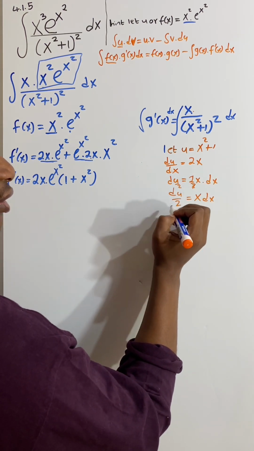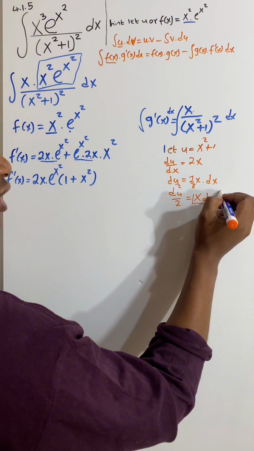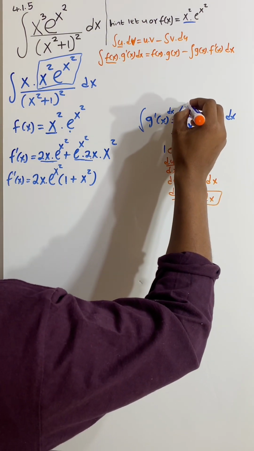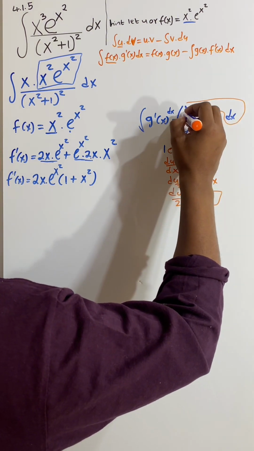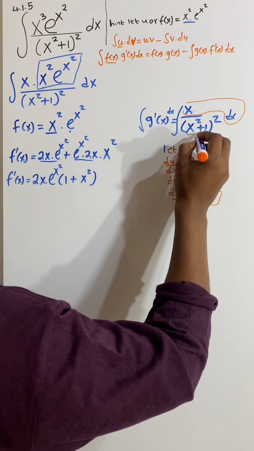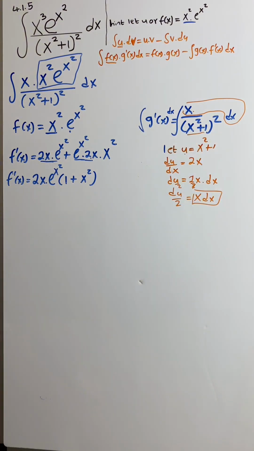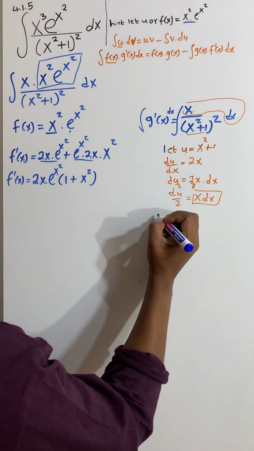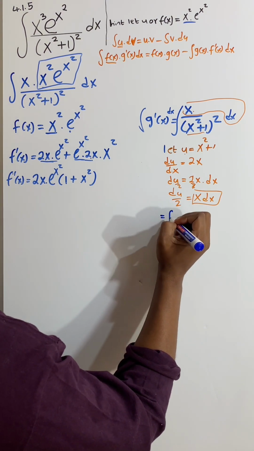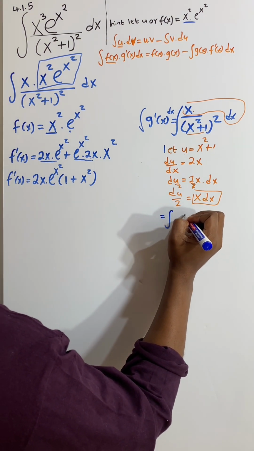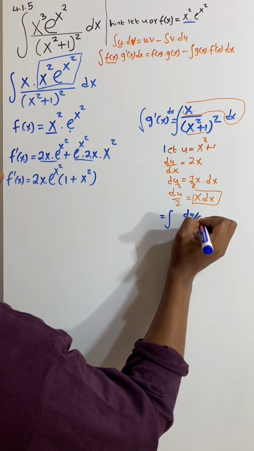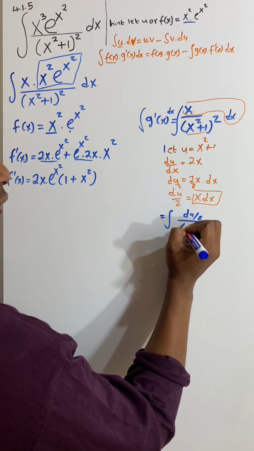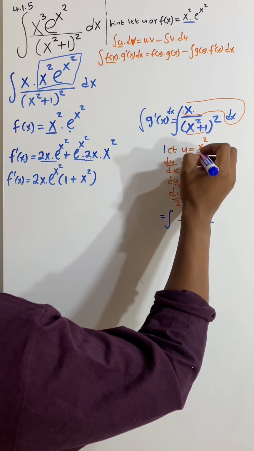So we have x dx there, which we will substitute, and the u will substitute with that x squared plus 1. In the place of x squared plus 1, we write u.